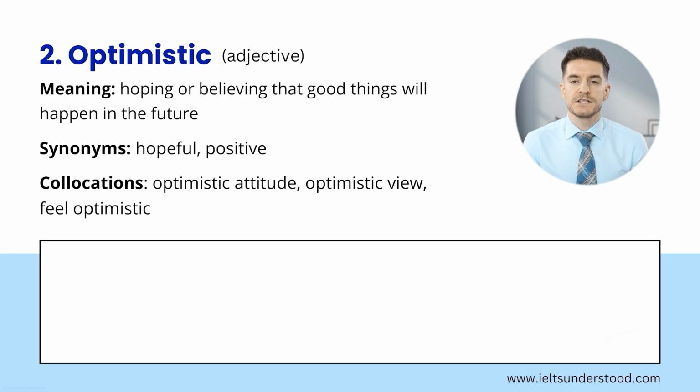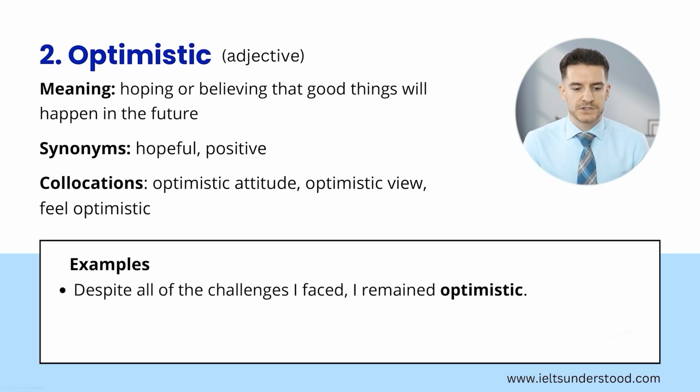Another collocation is optimistic view. So this is very similar to optimistic attitude. And the last one is to feel optimistic. So if you feel optimistic, that means you think that good things are probably going to happen. So here are some examples. Despite all of the challenges I faced, I remained optimistic.